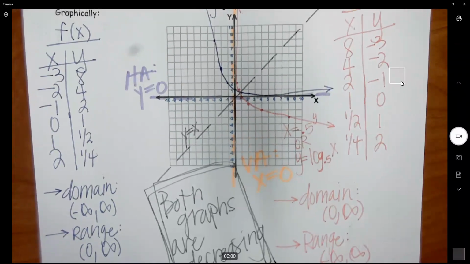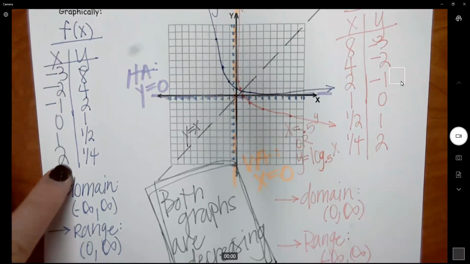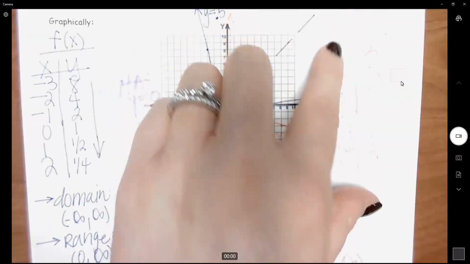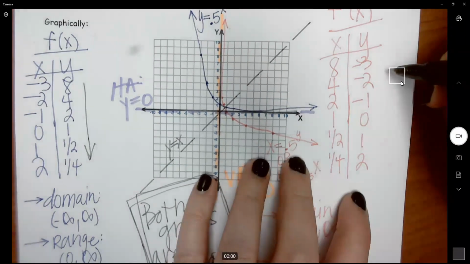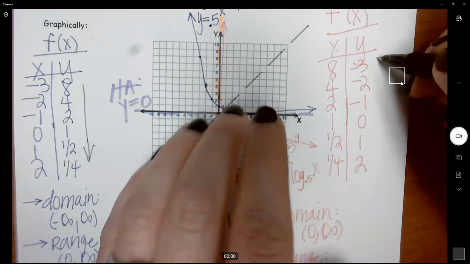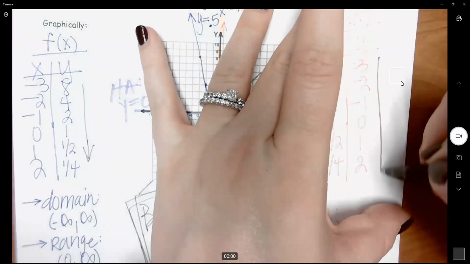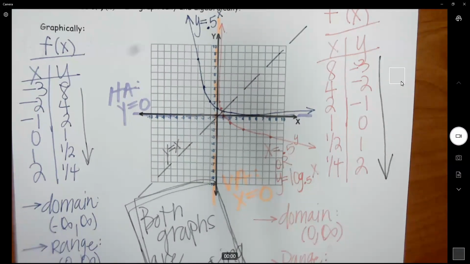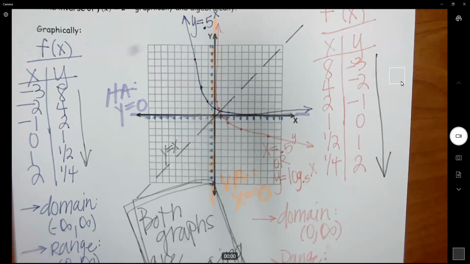You can look from the graph, or you can see as your x's are getting bigger, your y's are getting smaller. As your x's are getting smaller, so are your y's.